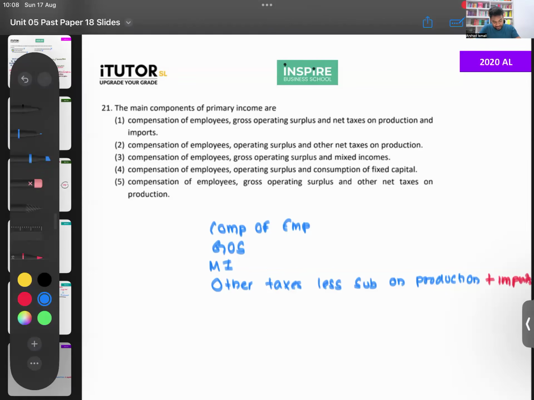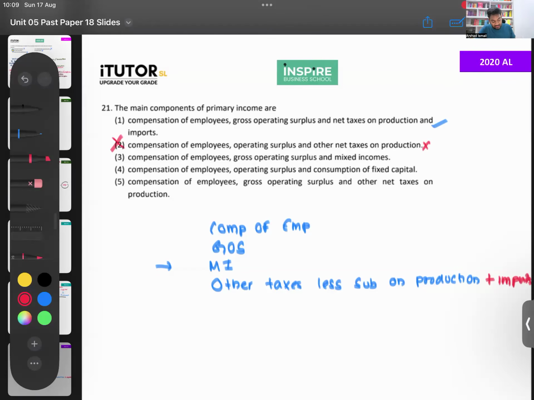Compensation of employees, gross operating surplus, net taxes on production and imports. That looks okay. The only thing is mixed income is not there, but earlier mixed income was inside gross operating. We'll see though. Compensation, operating surplus, net taxes on production. Here the imports part is not there.